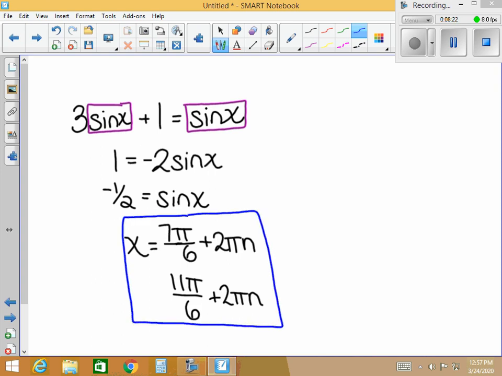So being able to find the 7 pi over 6 and 11 pi over 6 is very important. But don't forget that if you're finding all solutions, you have to take the period into account and add those multiples of 2 pi to each of those as well.